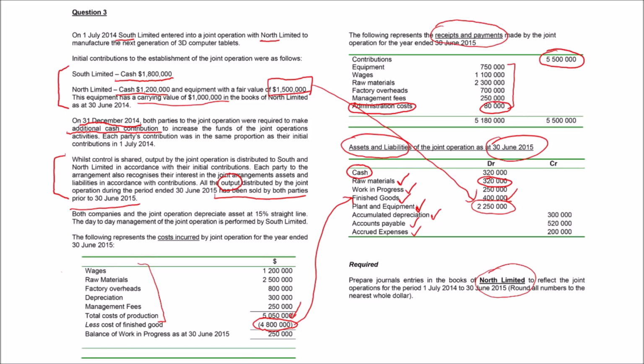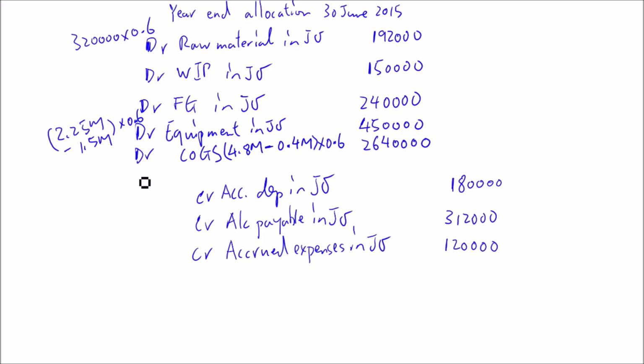So we need to, based on this $80,000, go back to our journal and debit administrative expense in JO. It was $80,000. Once again, you are going to get 60% of that, so that's $48,000. That's all the accounts that you need on the debit side.